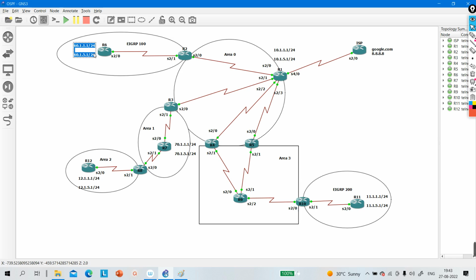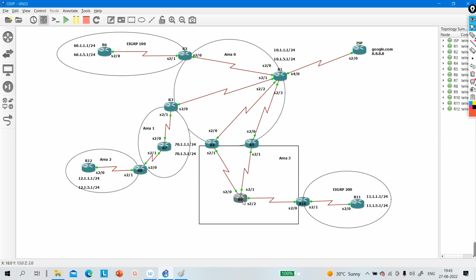And on router 11 I am running some networks from 11.1.1.0/24 to 11.1.5.0/24. So router number 2 and router number 10 will generate LSA 5.